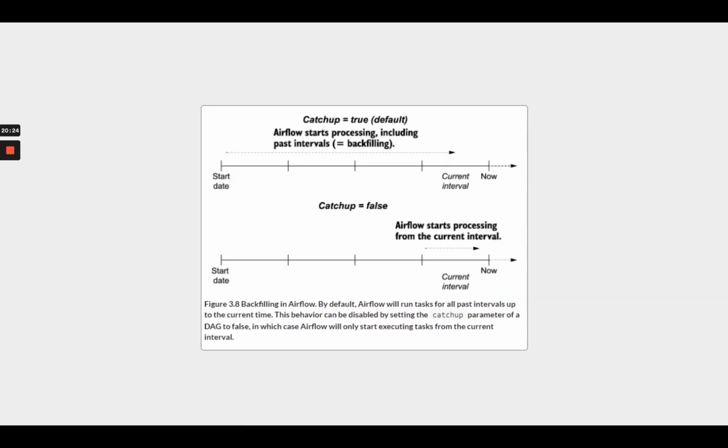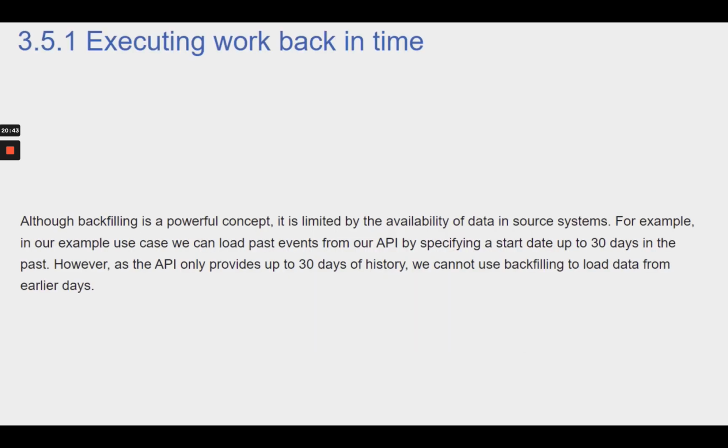With this setting, the DAG will only be run for the most recent schedule interval, rather than executing all open past intervals. Figure 3.8. The default value for catch-up can be controlled from the Airflow configuration file by setting a value for the catchup_by_default configuration setting.